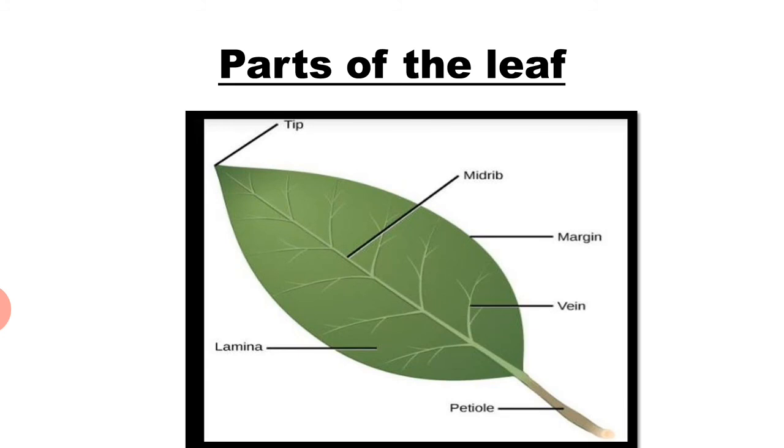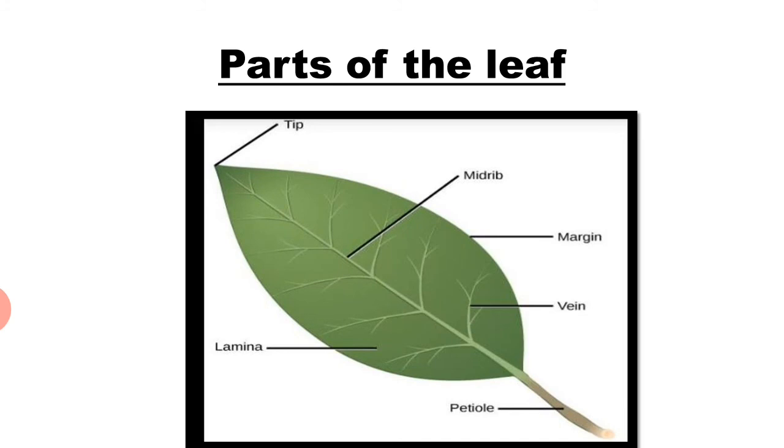You can see the tip of the leaf also, and if you see the leaf very carefully, you will see that there are lines on the leaves. These lines are called veins.